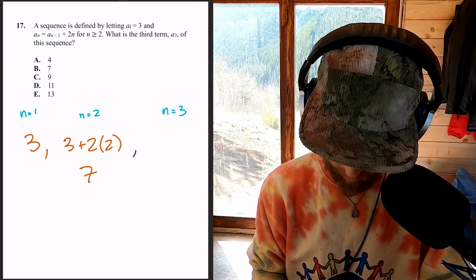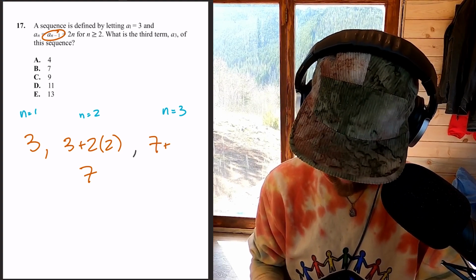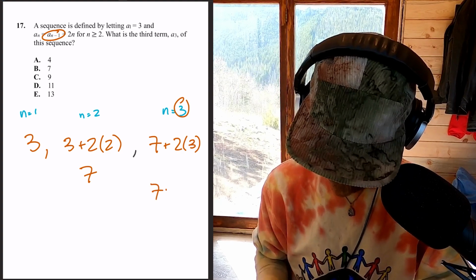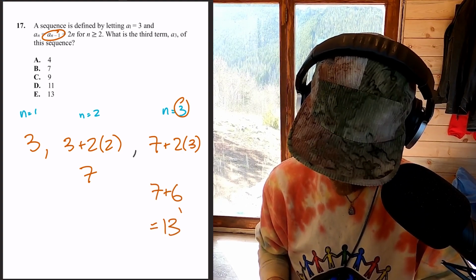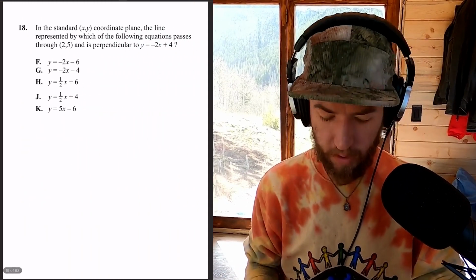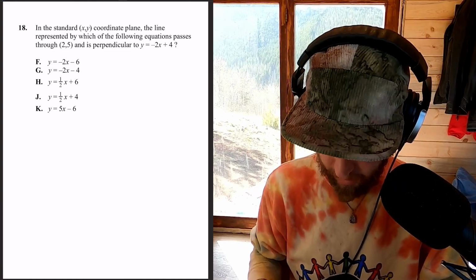And then the recursion, we're going to plug it right back in. So that number, 7, plus 2 times n, 2 times 3, is 7 plus 6, which is 13. Boom.